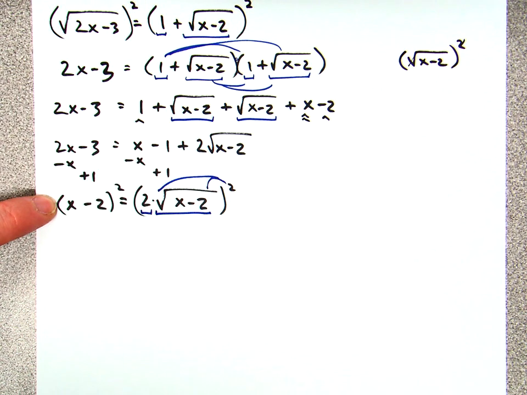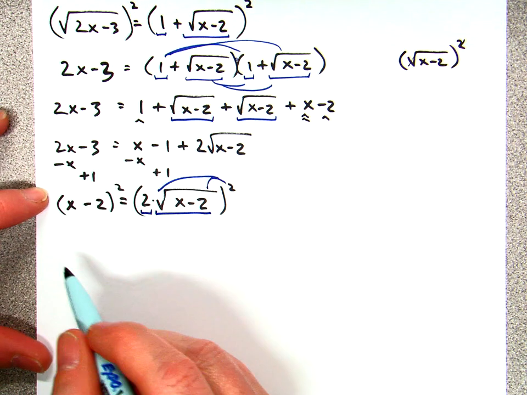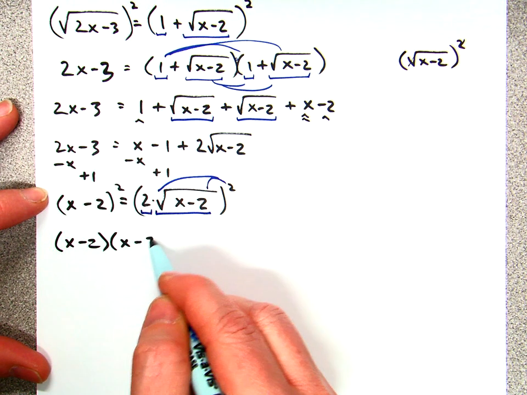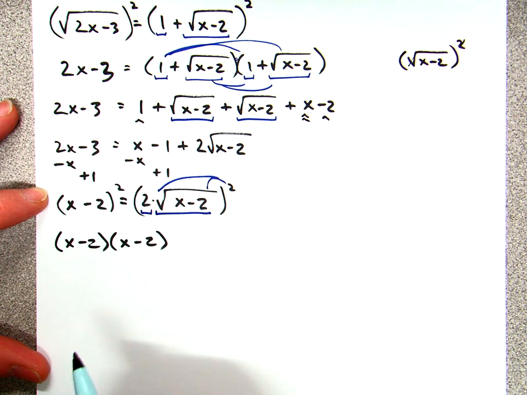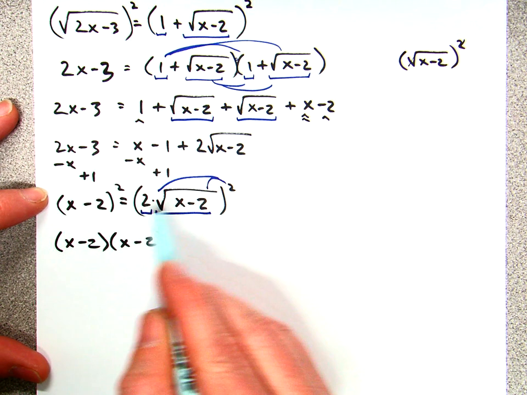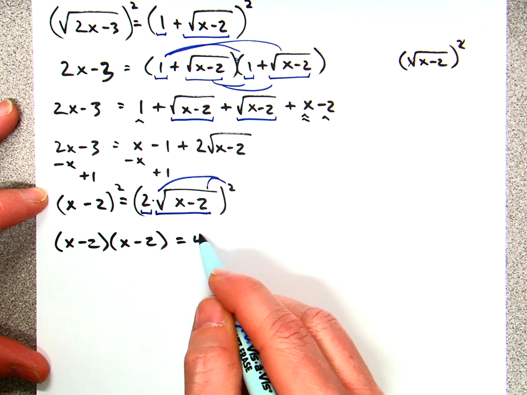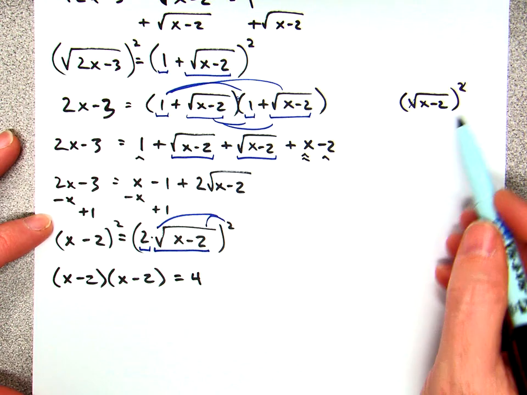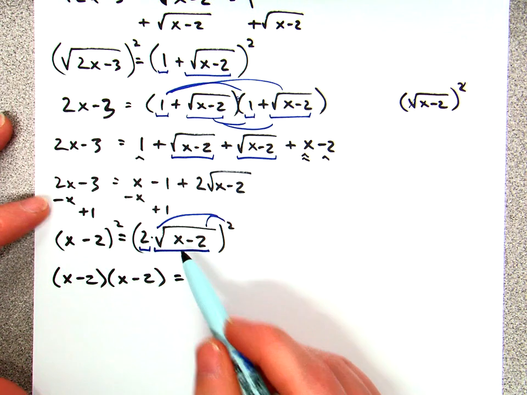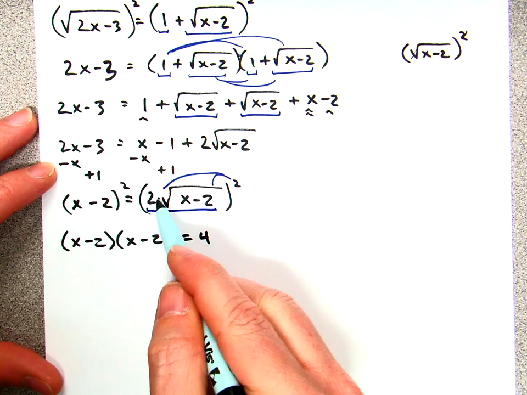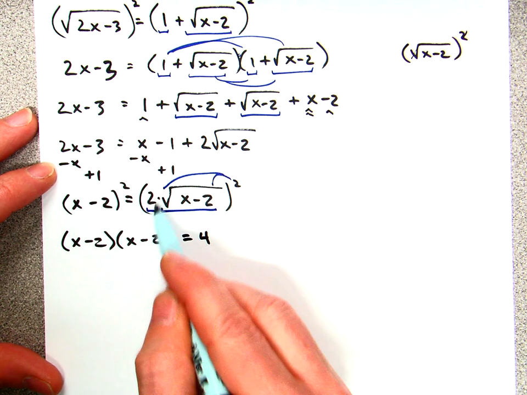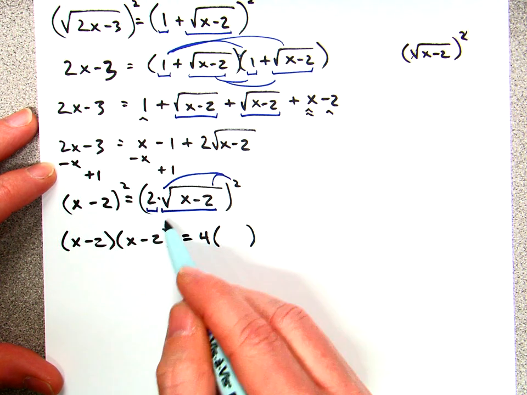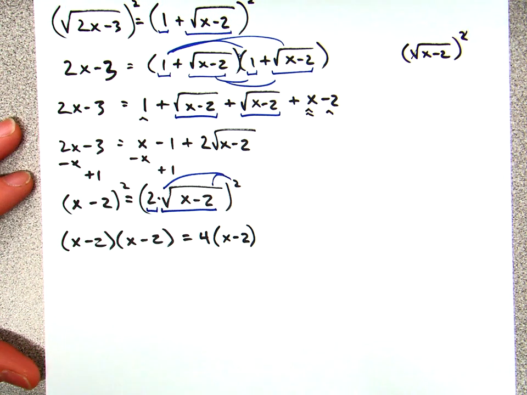Now, this guy over here, again, we have to FOIL him out. So I'm going to say this is x minus 2, x minus 2, because this is two different terms. But this would be 2 squared, which is 4. And then the square root squared, kind of like we did over here, is just x minus 2. Right, but remember that it's still multiplication. So it's this guy times this guy. So it's going to be 4 times x minus 2.